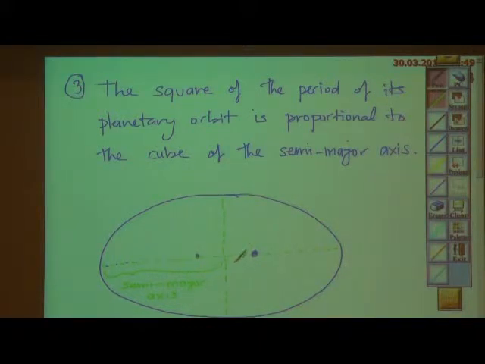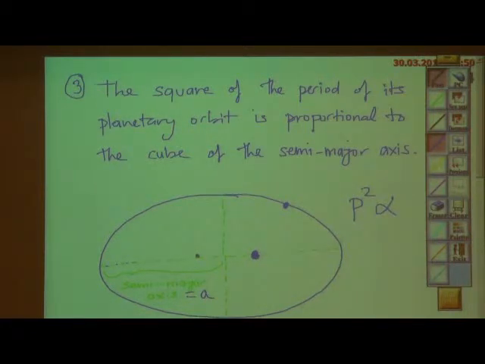Now, with this reminder, here's the sun again. Let's formulate what Kepler stated in his third law. The square of the period of planetary orbit, this is the planet moving around the sun in an elliptical orbit in a certain amount of time, for Earth that is 1 year, is proportional to the cube of the semi-major axis.